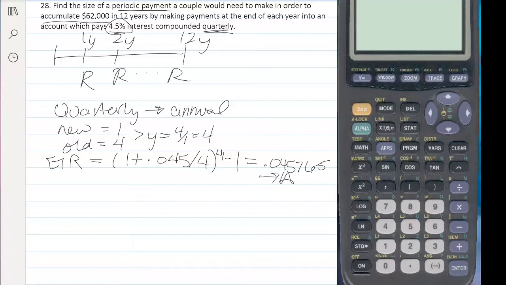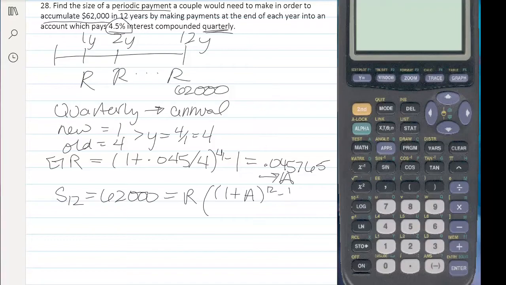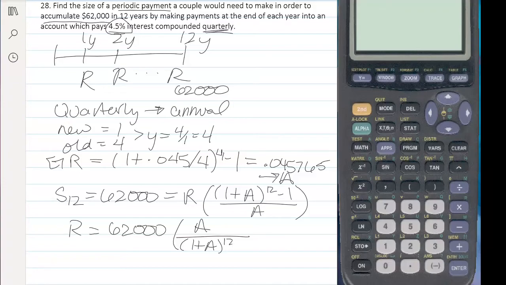And then over here we have 62,000. So again, this is an S sub n problem, but this time we know what S is. It's just S12 here. So S12 is equal to 62,000, and that's going to be equal to R times 1 plus A to the 12th minus 1, all over A. We could also write that as R equals 62,000 times A over 1 plus A to the 12th minus 1.